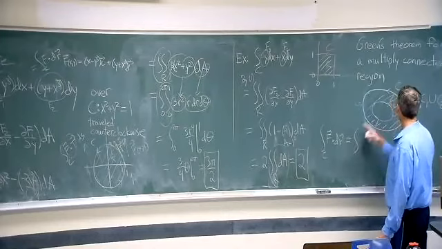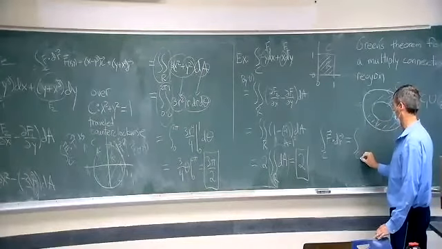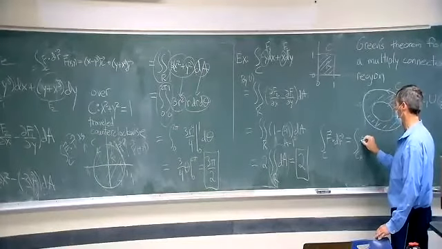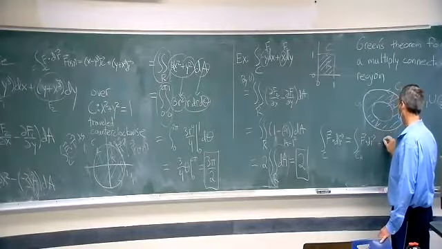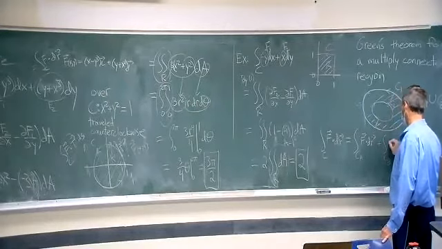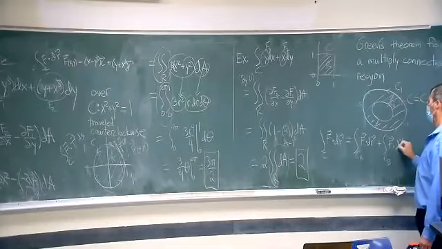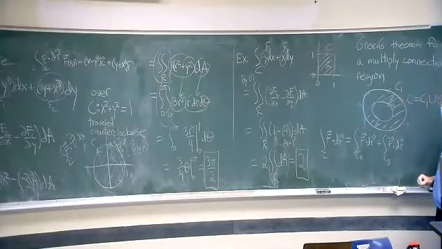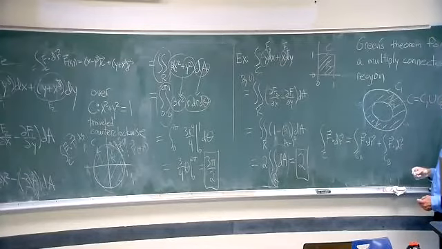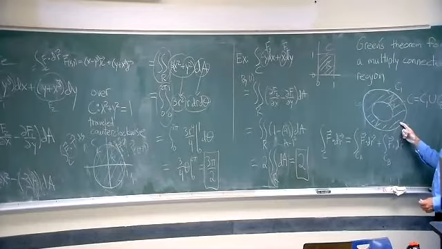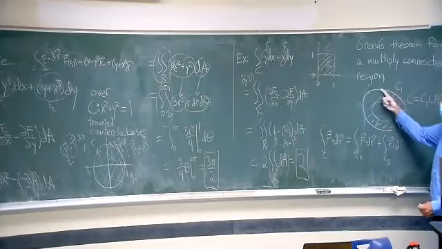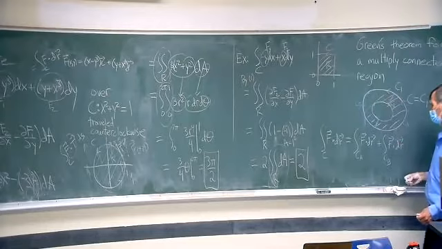The line integral around the union of these two is actually equal to the line integral around CA of f dot dr plus the integral around CB of f dot dr, both taken counterclockwise. So I have that, right? But now Green's theorem applies to this one because it now has no holes, and this one because it now has no holes.